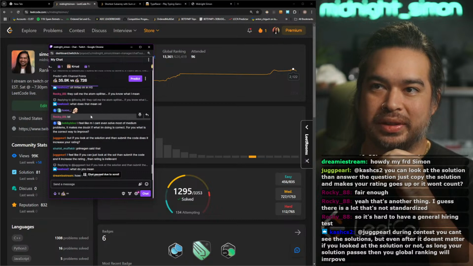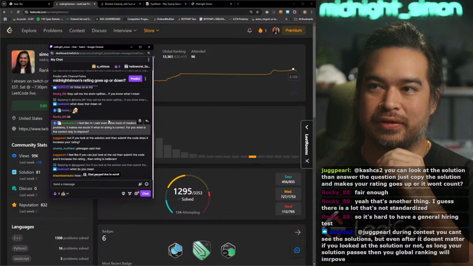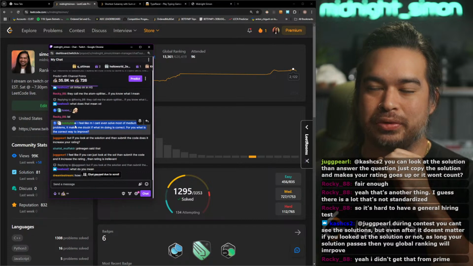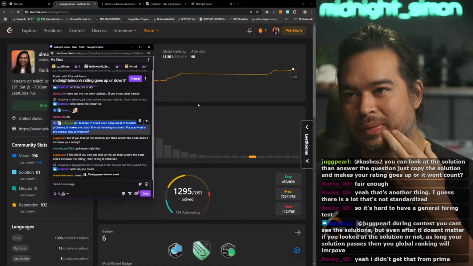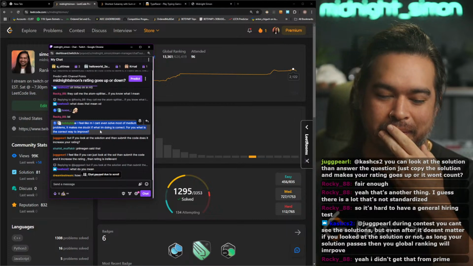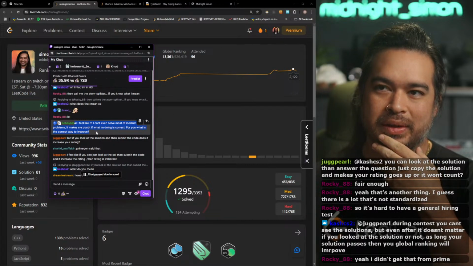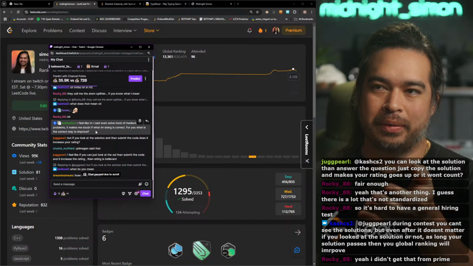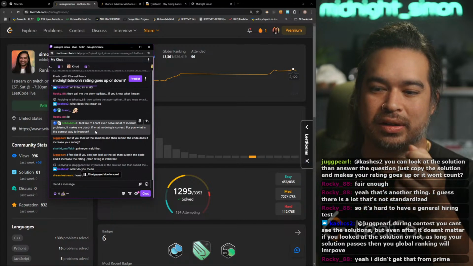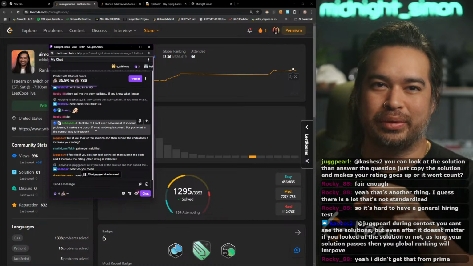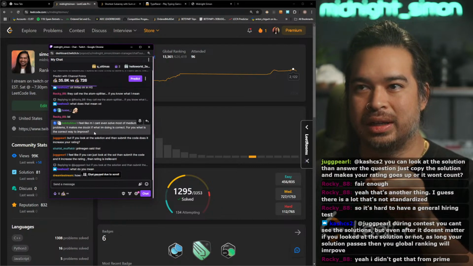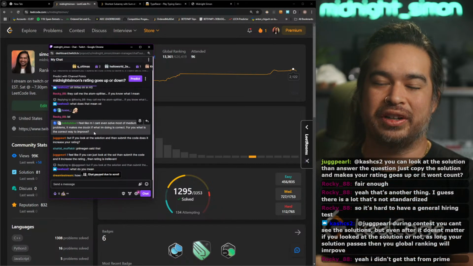Bobby Blue says, I feel right now I can't even solve most medium problems. It makes me doubt if what I'm doing is correct. For you, what is the correct way to improve? Well, a medium problem could mean many things. There are 1,500 rated medium problems out there, and there are 2,300 rated medium problems out there, and that is a huge difference, man.